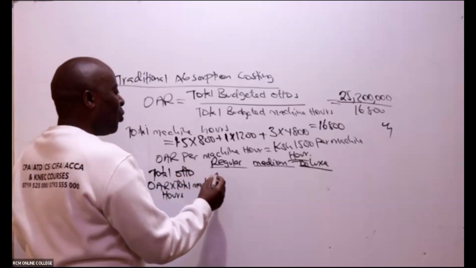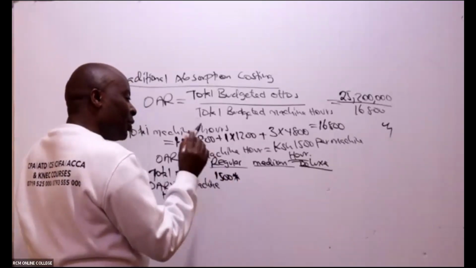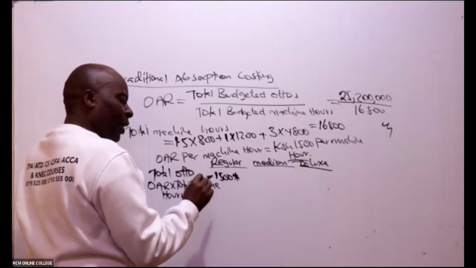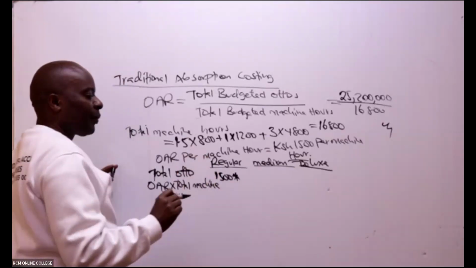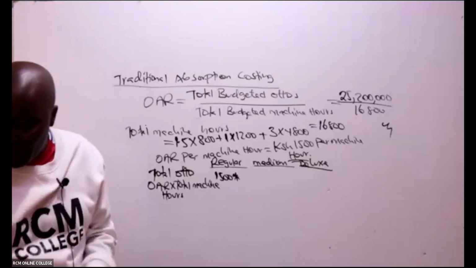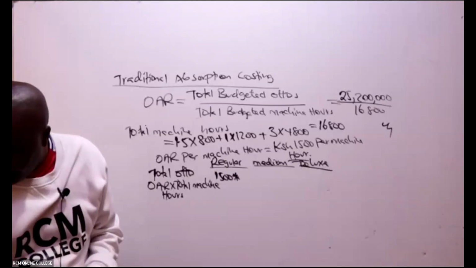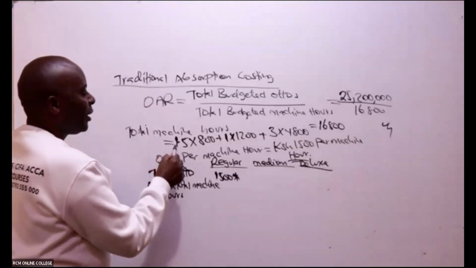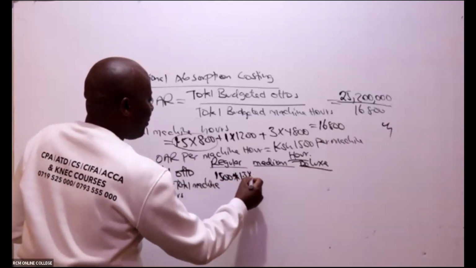For regular, it will be 1,500 per machine hour times all the machine hours we need in regular. How many machine hours do we need for regular? 1,200, isn't it? These are the machine hours. You pick them from here. So it will be 1,200 times 1,500.